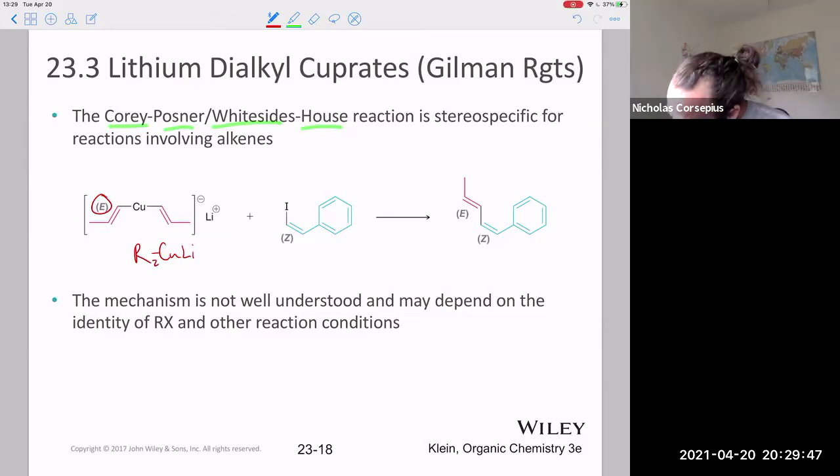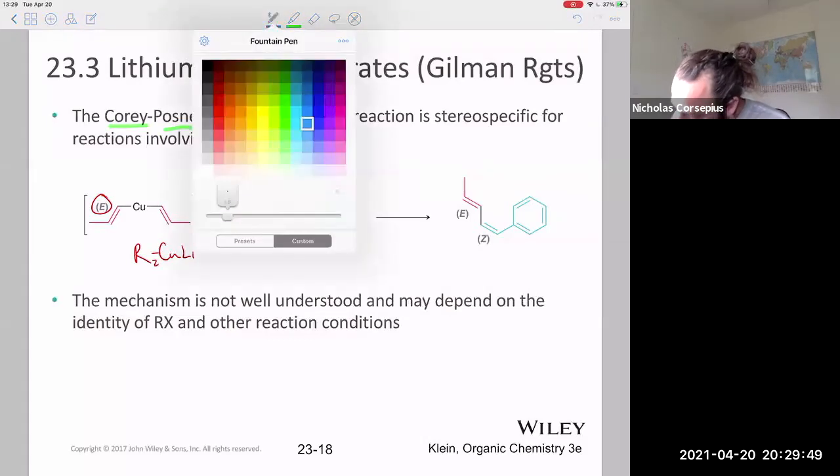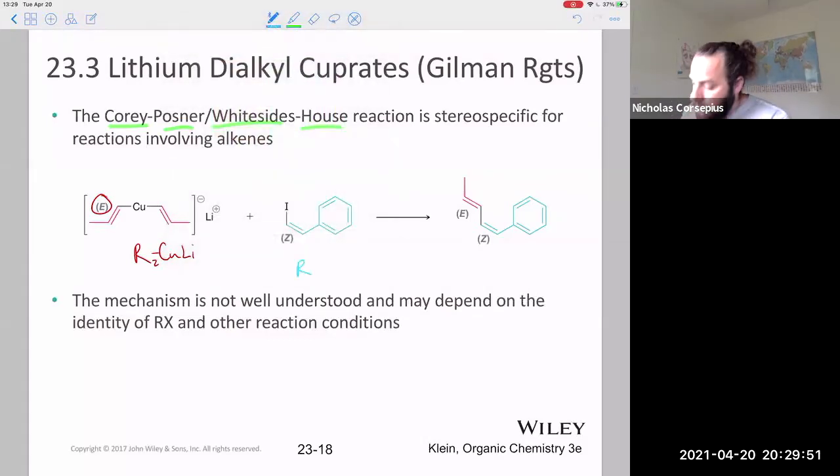And then I have an alkyl halide, this was the blue R group, that has a Z stereochemistry associated with it. Both of those stereochemistries of those double bonds will be preserved in my product. So I'll have one E double bond and one Z double bond, okay? So again, the nice thing about these is that they're stereospecific reactions. The stereochemistry of either of those groups is going to be preserved.